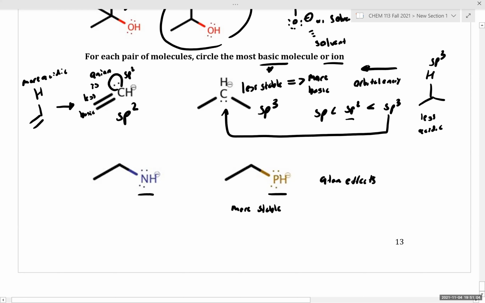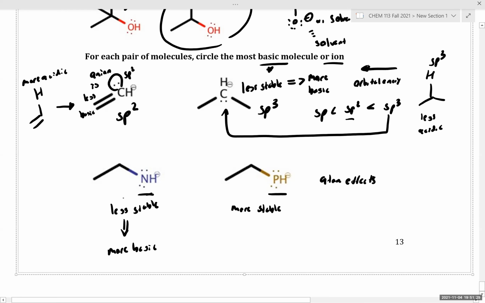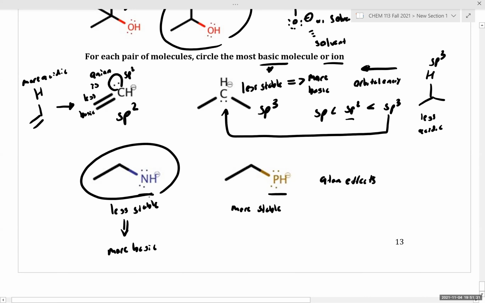Because this anion is stable, it doesn't want to react as readily. So because this nitrogen anion is less stable, which of these anions would be more basic then? Nitrogen? Yes, exactly. The less stable anion is always going to be more basic. So this nitrogen anion, this amide anion, would be more basic.